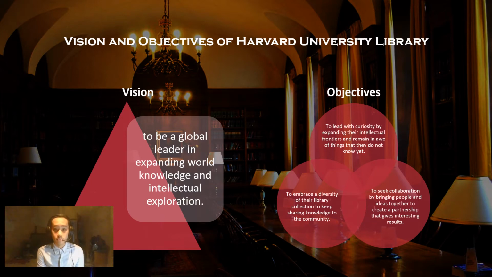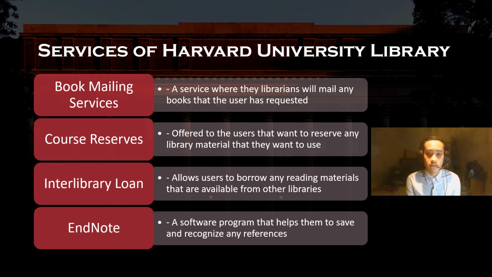Next is to seek collaboration by bringing people and ideas together to create partnerships that give interesting results. Last but not least is to embrace a diversity of their library collections to keep sharing knowledge with their community.